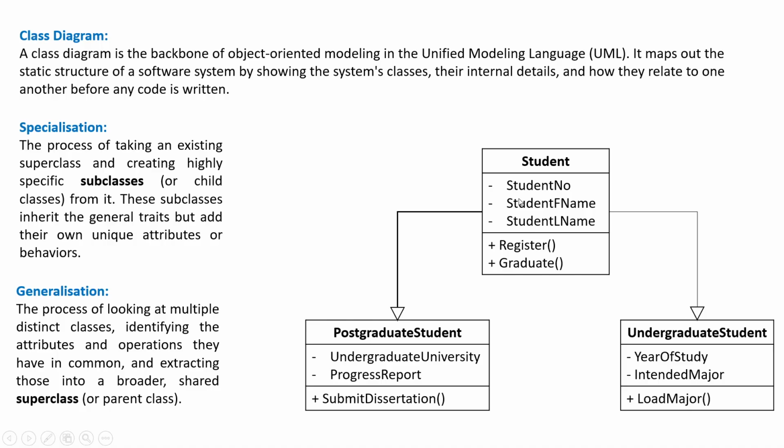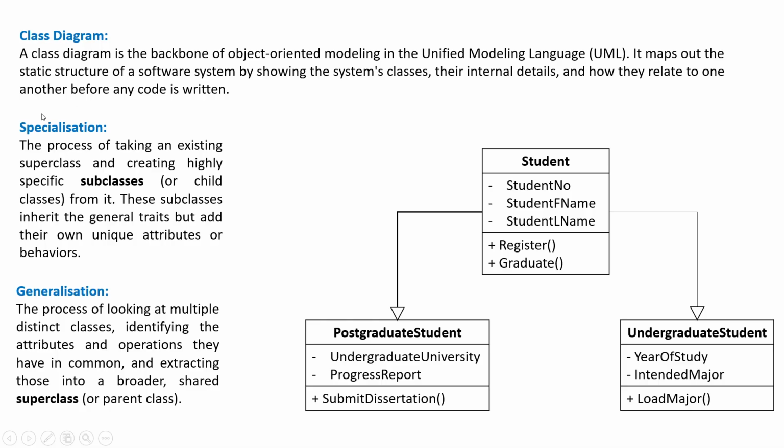But for now, I just need you to understand that a class in a class diagram has three distinct parts: the name, the attributes, and the methods. The attributes are private with minus signs, and the methods, the functions, are public with plus signs. This means that other classes can access this class's attributes only through its methods. It cannot access the attributes directly.